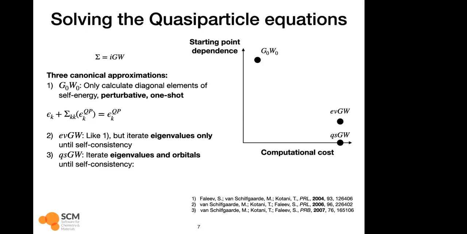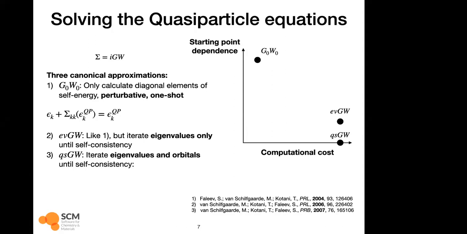And the other two approaches have a very reduced starting point dependence. In fact, quasi-particle self-consistent GW is completely starting point independent because you also update the orbitals, right? And actually the computational cost, if you implement it in a clever way, is the same in both approaches.